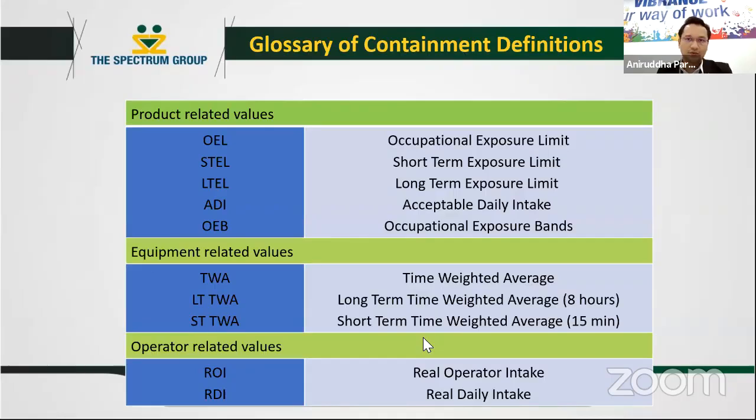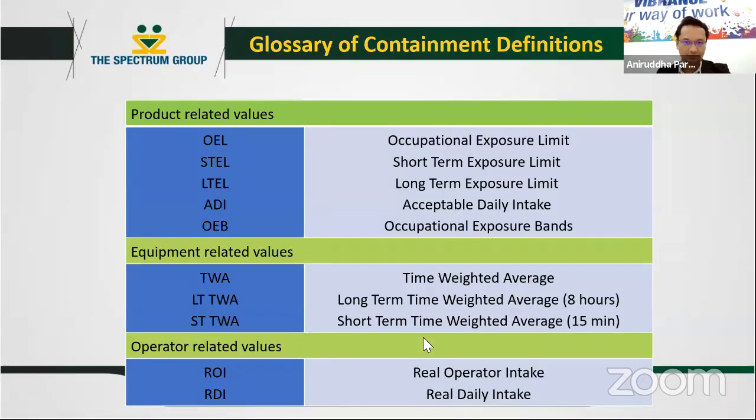Now these are different definitions we use: the OEL, occupational exposure limits, short-term exposure limits, long-term exposure limits, acceptable daily intakes, occupational exposure bands. A few of them we saw on the chart. Then the time weighted averages, long-term time weighted average. So what is the impact if the operations are long?